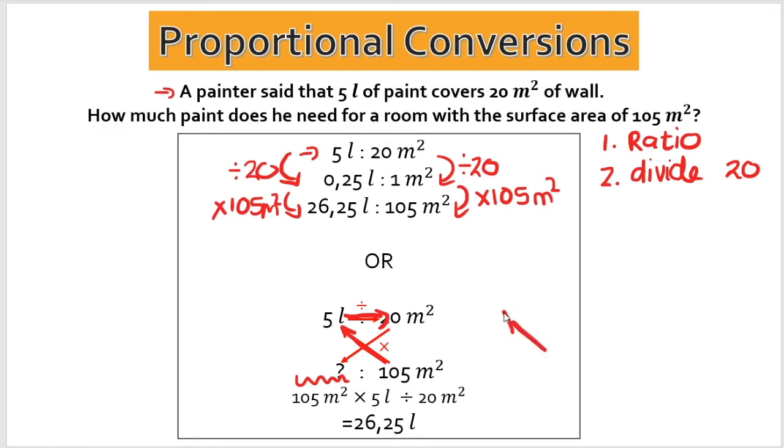This can work in any way. So you can either work from the right hand side to the left hand side, or if you had the answer on the left hand side, you can do it the other way around. So first we multiply, then we divide to get the answer. You are more than welcome to do this method as well. I prefer the first method, but you will not lose any marks if you tried the different method.